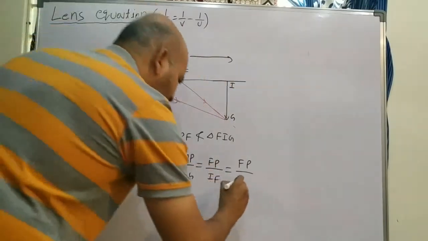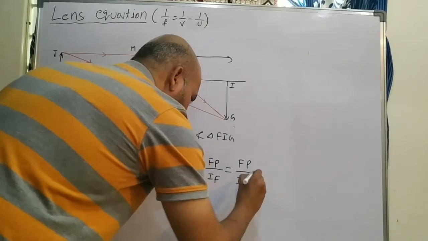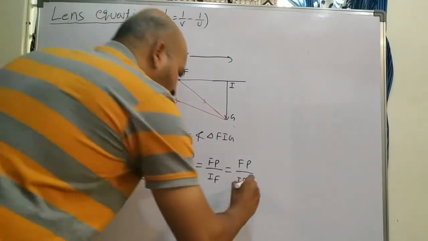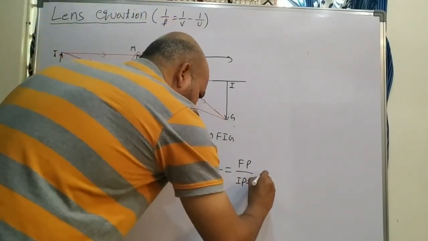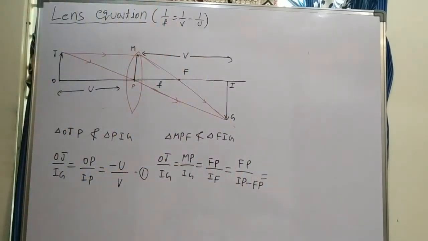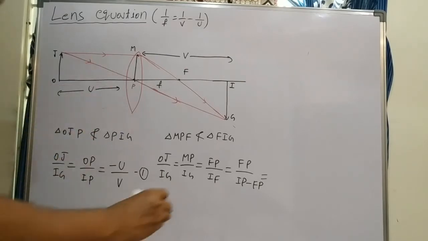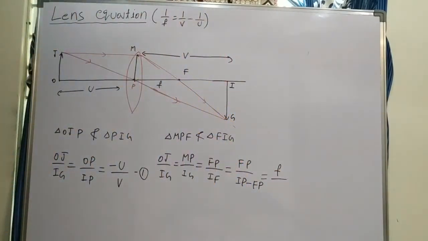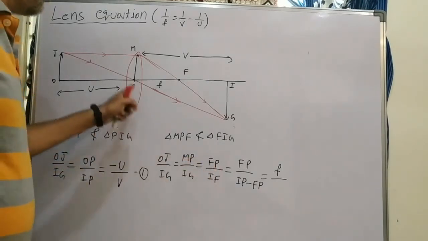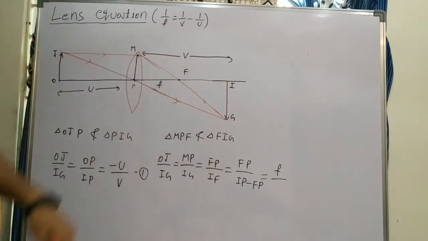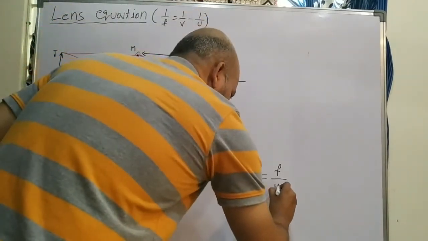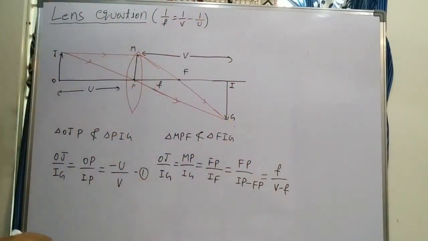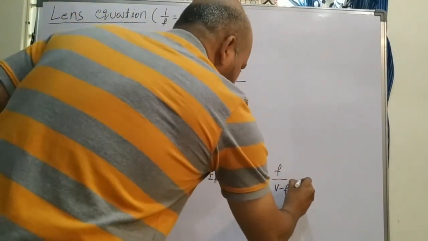This total is IP minus FP, which is equal to, what is FP? FP is nothing but from here to here, that is the focal length only. So write as f, that is plus only because we are measuring the back side. And what about IP? Here to here, that is the image distance v, minus again f. FP is nothing but f. This is equation number 2.